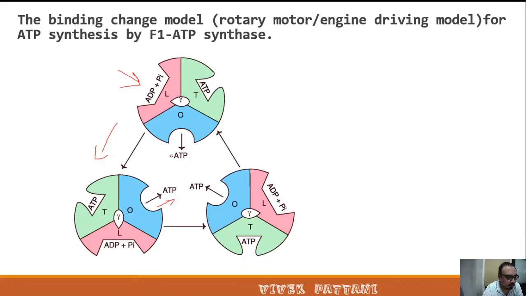So at three different stages, ADP and Pi will be taken up by the system, and ATP will be released in the mitochondrial matrix.